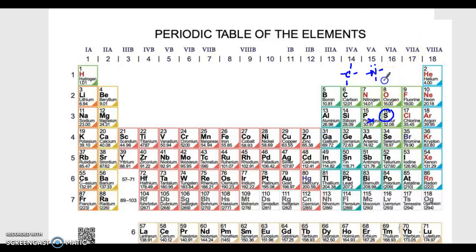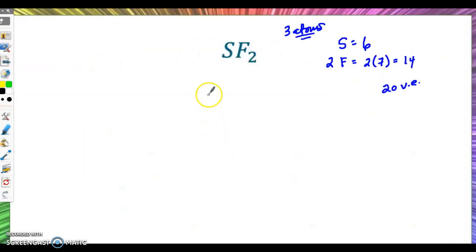All right, so we know that elements in this column like to have 2 bonds and 2 lone pairs. So let's see if we can factor that in. Sulfur is going to be the central atom because it's closer to the center. And I also know that halogens are atoms that are on the periphery because they can only form 1 bond.